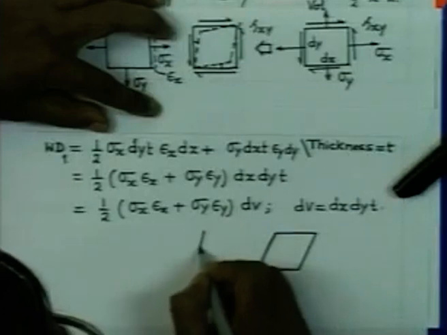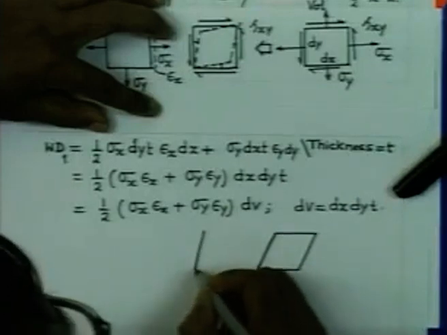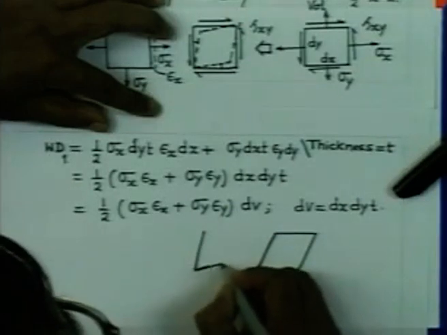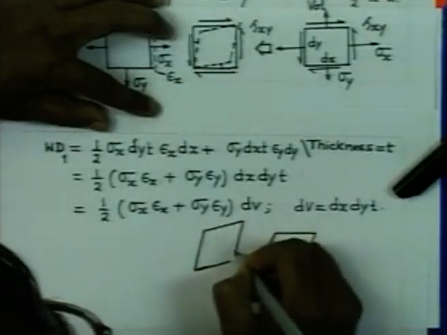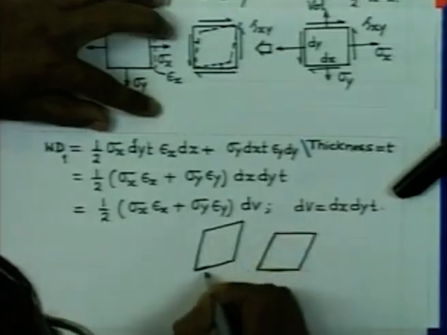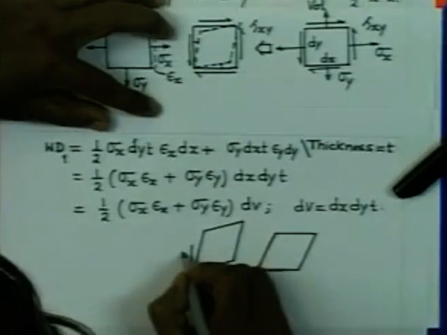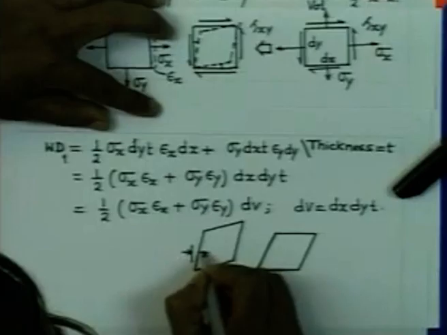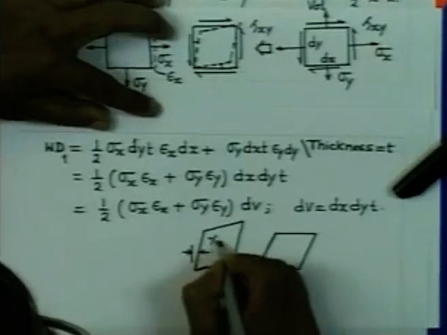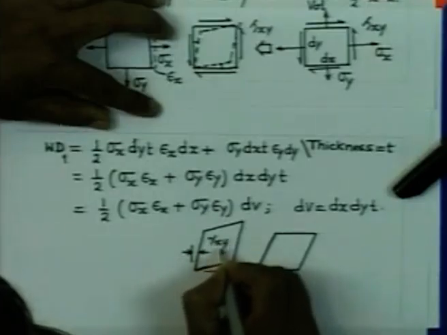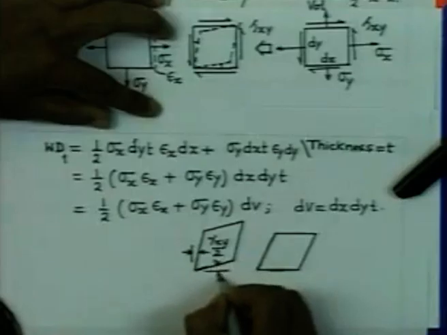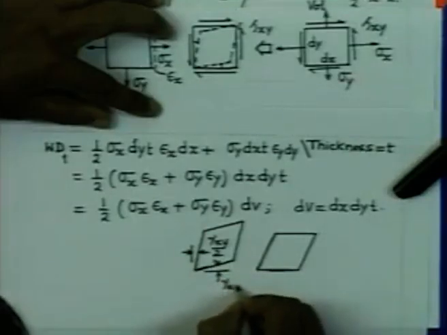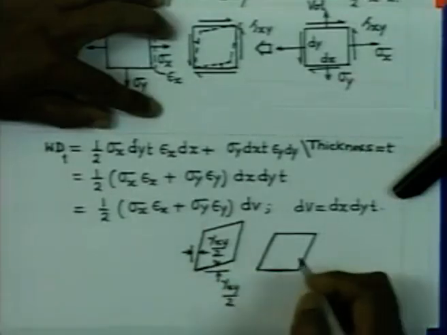So, we have this angle, this is gamma xy by 2, this angle is also gamma xy by 2.